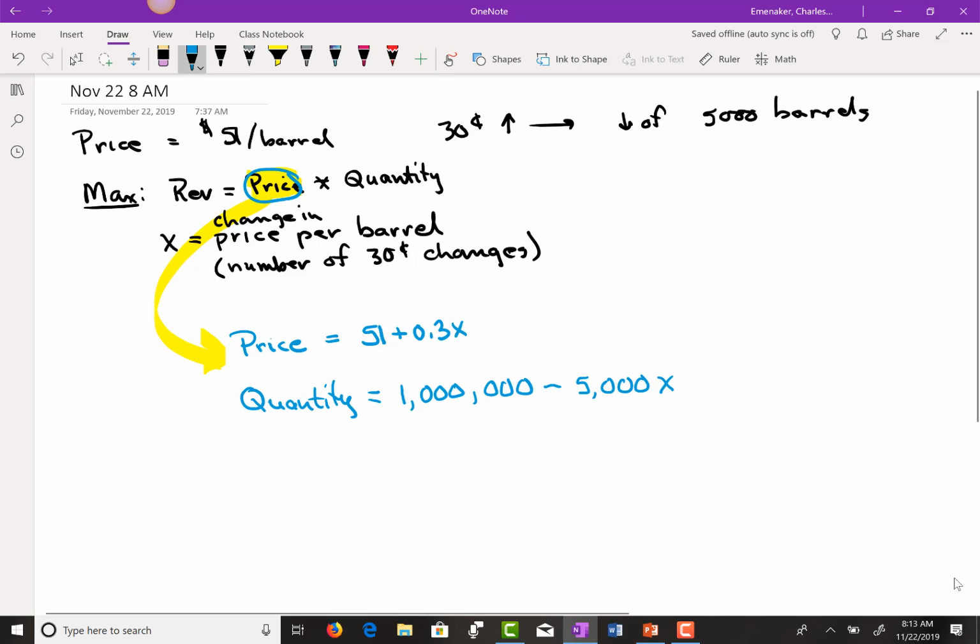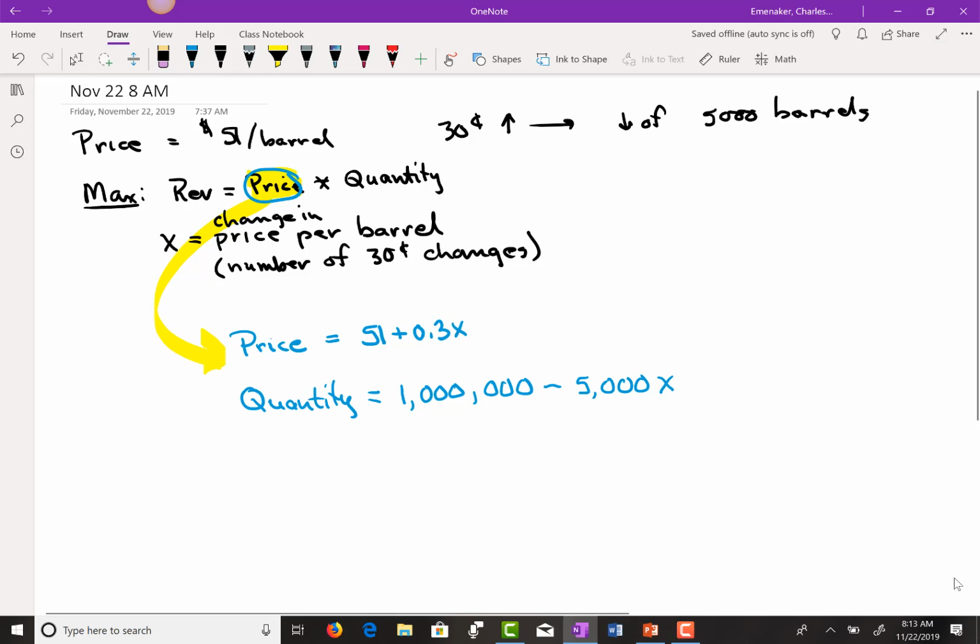Well, that would be something like putting in a -2 there, wouldn't it? And a -5,000 times a -2 is going to give you a positive or negative number? Positive, isn't it? Would it make sense that as the price drops, more is sold? Yeah. So that's fine to have this working in both directions.